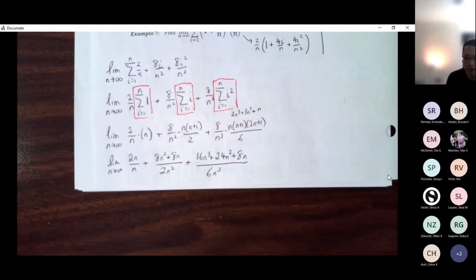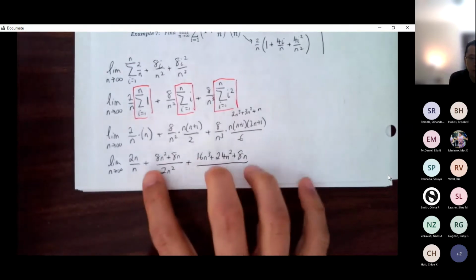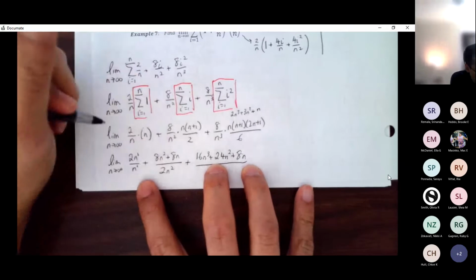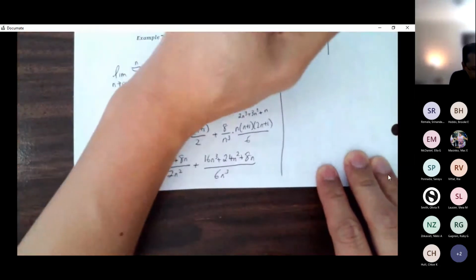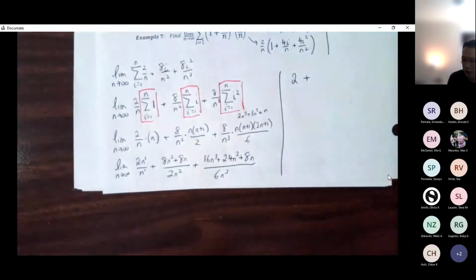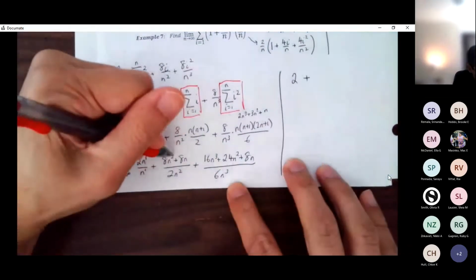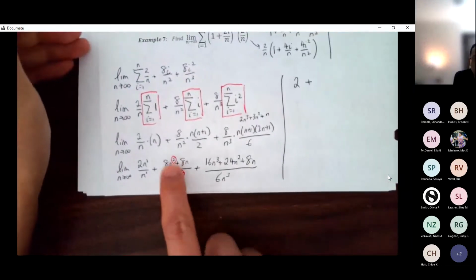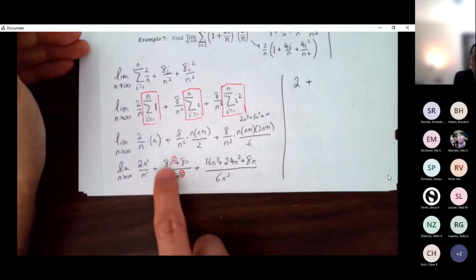Okay, so for each of these fractions, all we're going to do is identify the highest ratio of the coefficients, right? So here, this is 1 and 1, so that's just going to give us 2. Second fraction, the ratio of the coefficients is going to be 8 and 2, because the highest degree within this fraction is 2, so we just take 8 over 2.